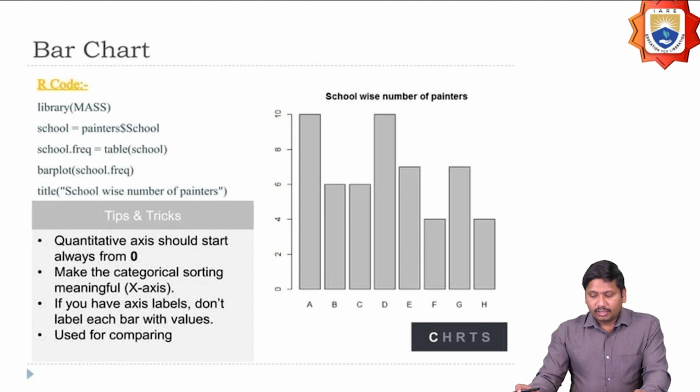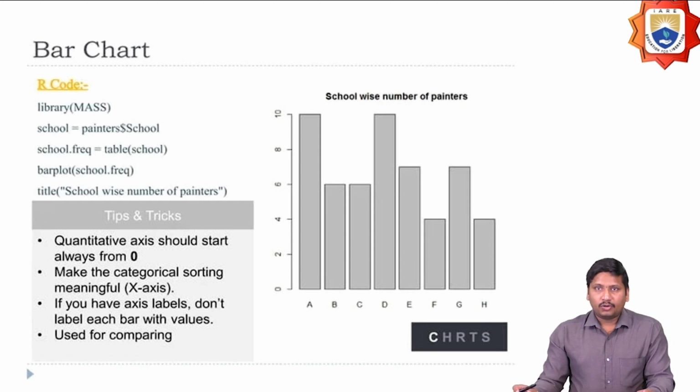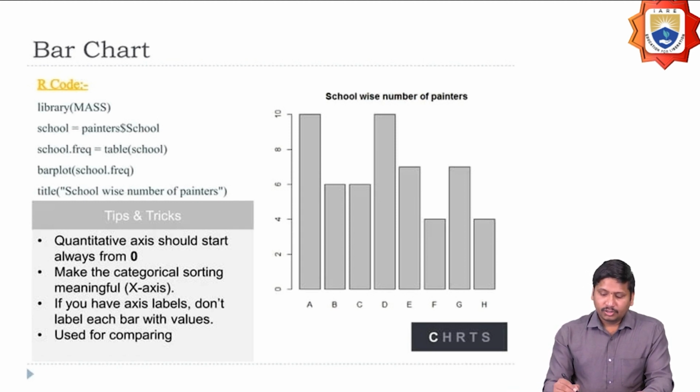So how am I going to write the code for constructing this bar chart? Normally, the bar chart is where we can show the relationship between two different variables, an independent and a dependent variable. Bar charts are again of different types, like composite bar charts and multiple bar charts.